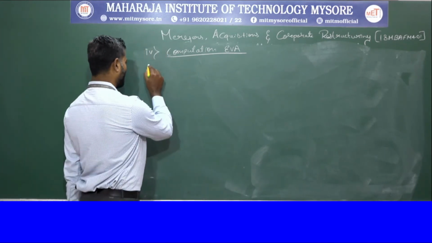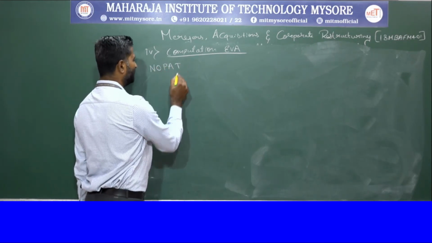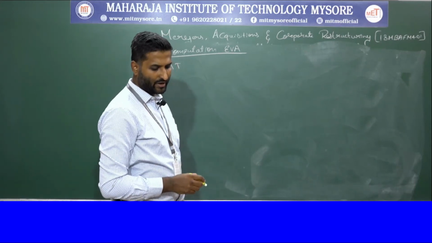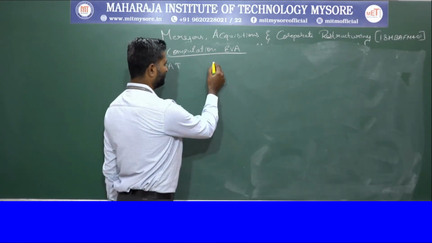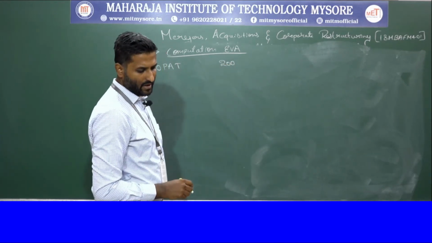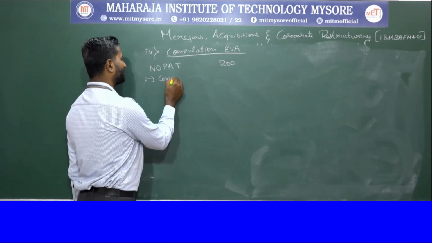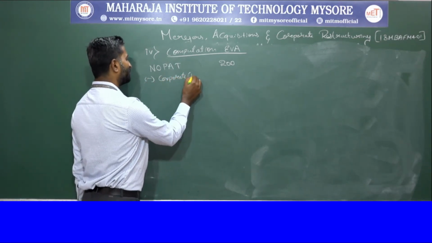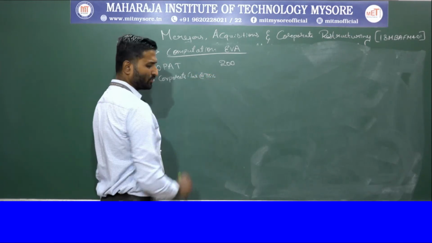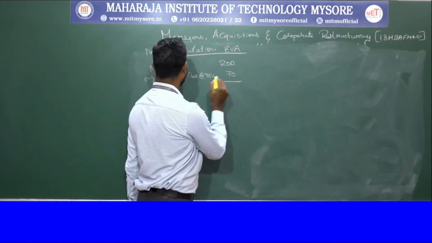Here we require to take NOPAT, net operating profit after tax, or you can call it EBIT. It is given in the problem as 200, and from that we have to deduct the corporate tax. Corporate tax at 35% is given in the problem. So 200 into 35%, we got 70 lakhs.